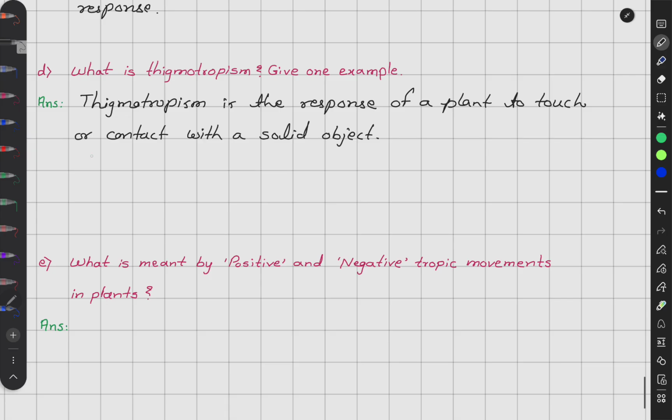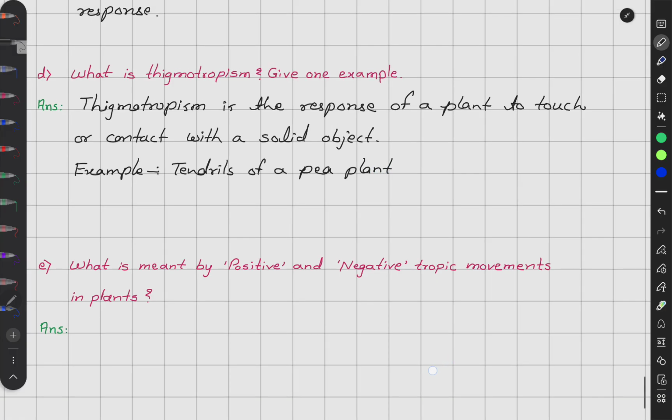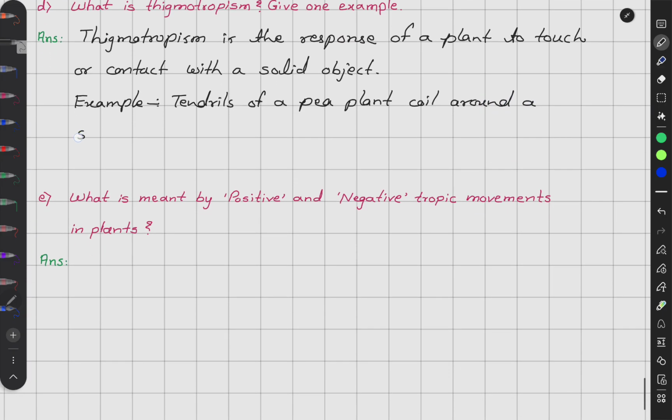Example is tendrils of a pea plant. Tendrils of a pea plant coil around a support.